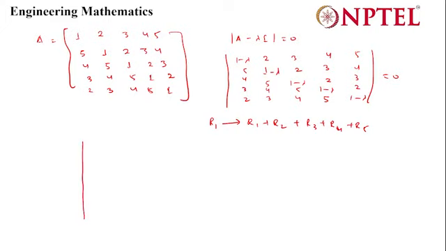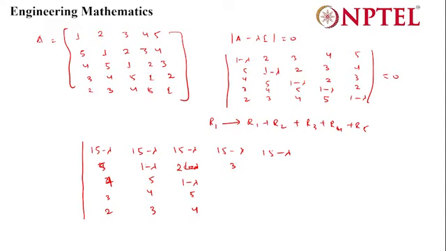After doing the row operation, the first row will become 15 minus lambda, 15 minus lambda, and so on, and the remaining rows stay as they were.